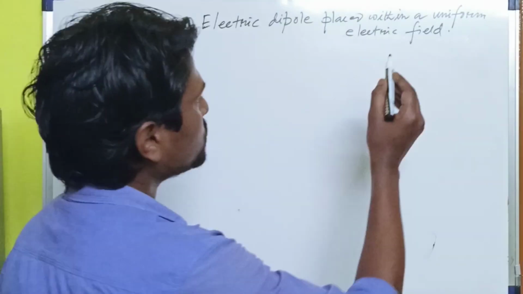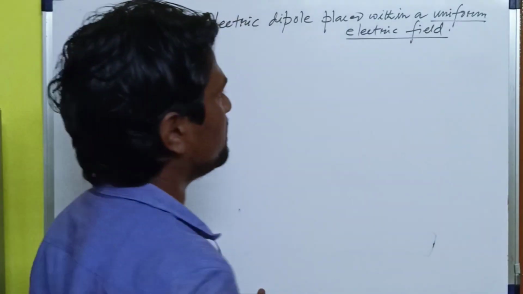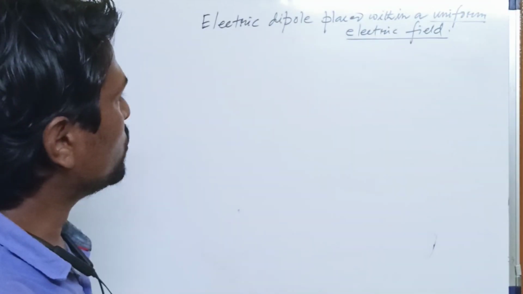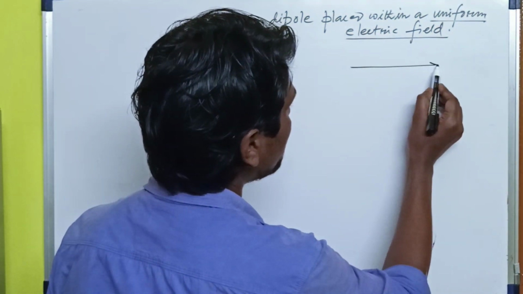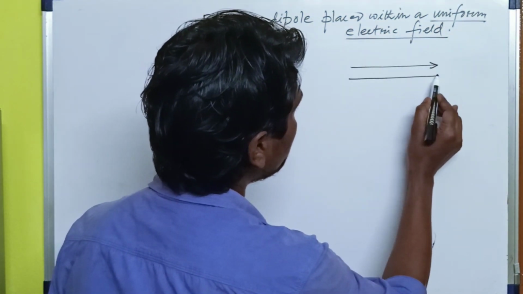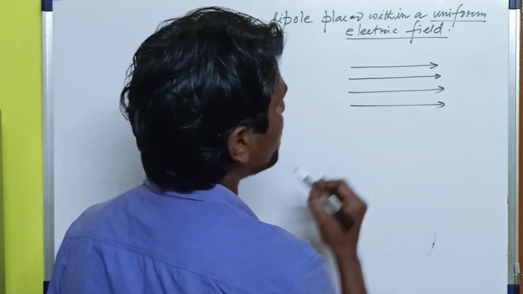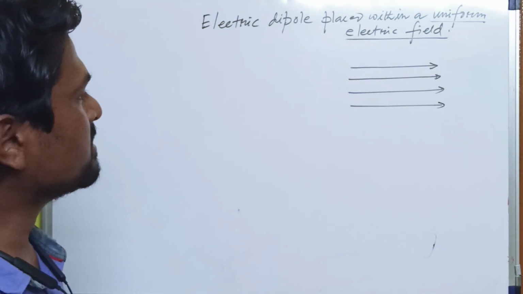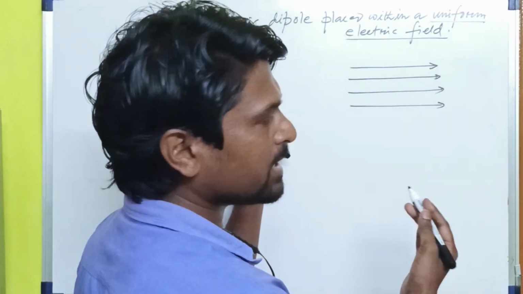So first of all, students, you have to know what is a uniform electric field, and we can represent a uniform electric field like equidistant lines. So this is a uniform electric field, and this is from left to right.